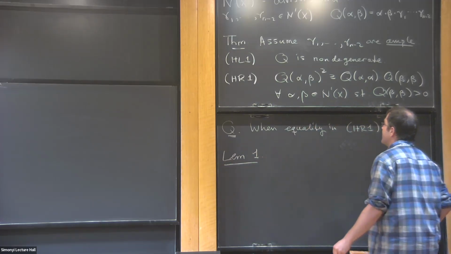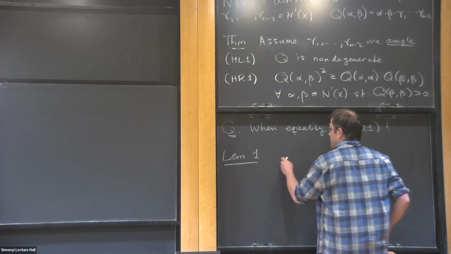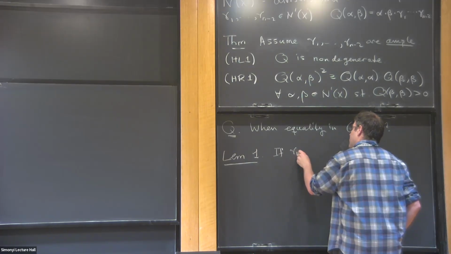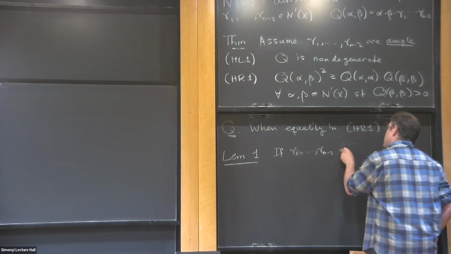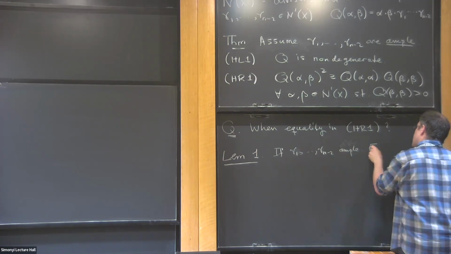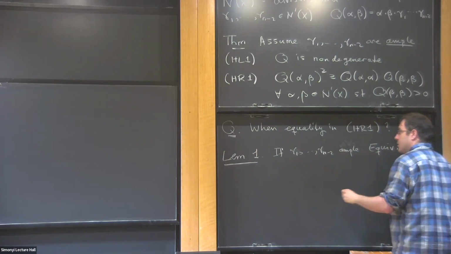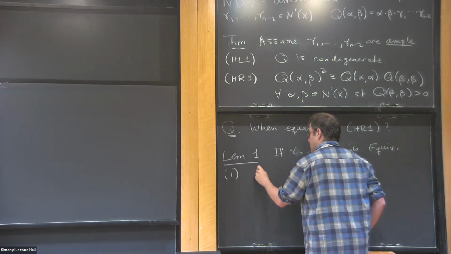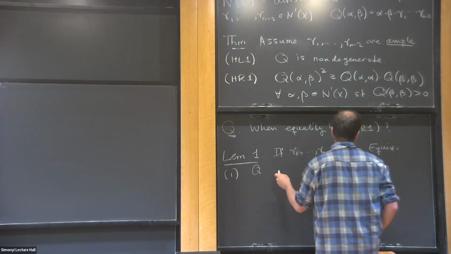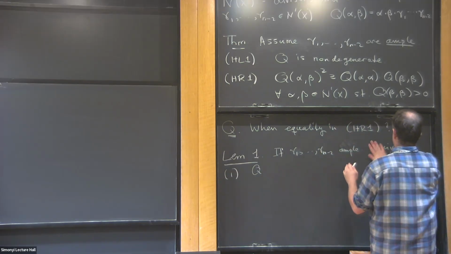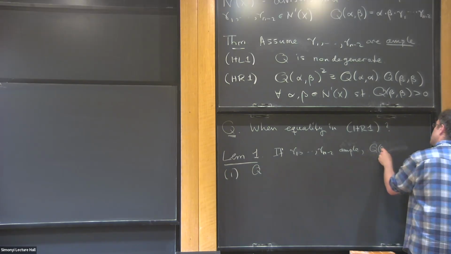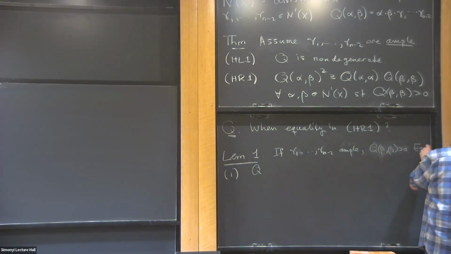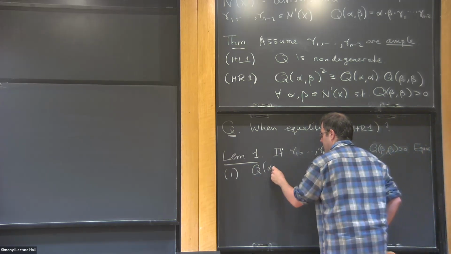So the lemma says that under the same assumption, the following are equivalent. First of all, we have equality in this inequality. I'm taking here the example Q beta beta positive.